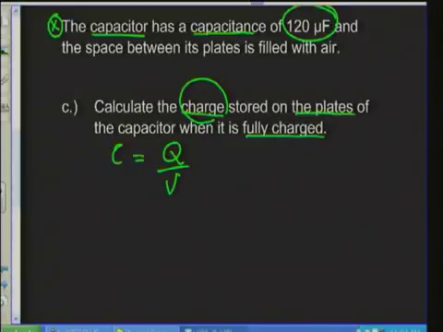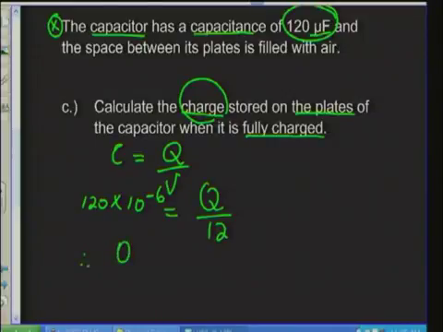So that will be 120. Because we don't work in microfarads, we need to convert that. This will be by 10 to the power minus 6. That will be equal to the charge, which is what we're looking for, times the potential difference V, which is 12 there. Therefore, our charge Q is 12 times 120 by 10 to the power minus 6.